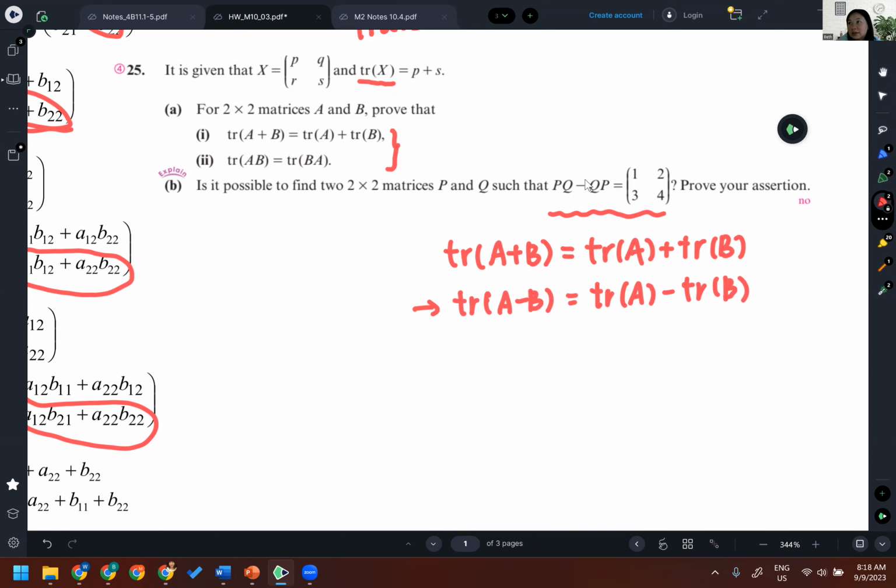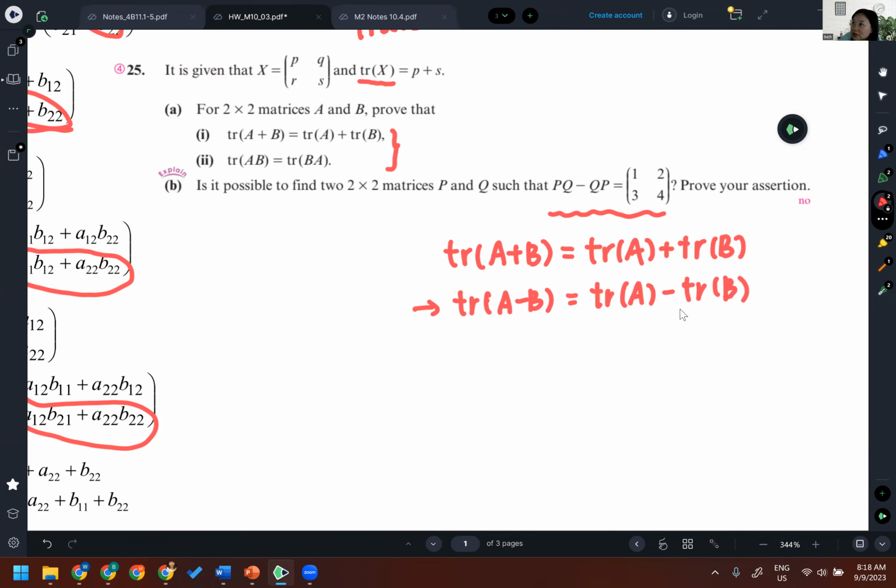Because this is a minus here. So from the first part A1, you must think about if this is true and briefly mention this is true. It's obviously true.